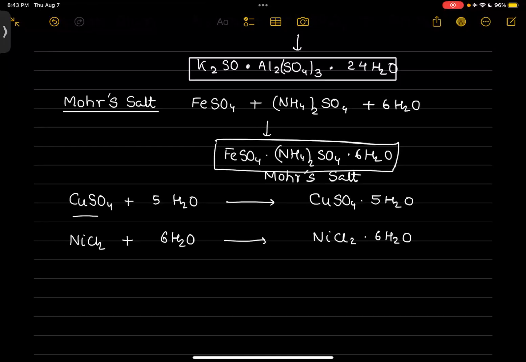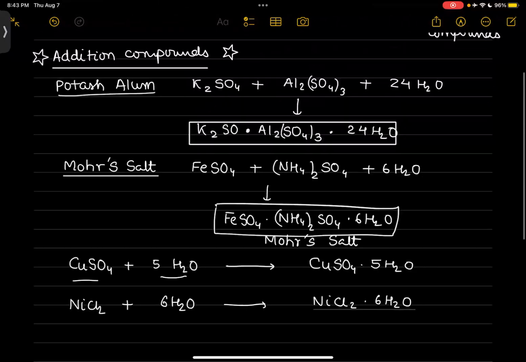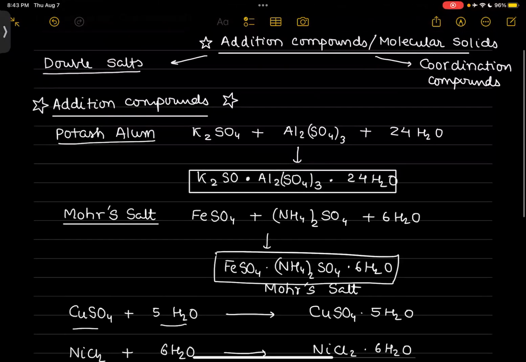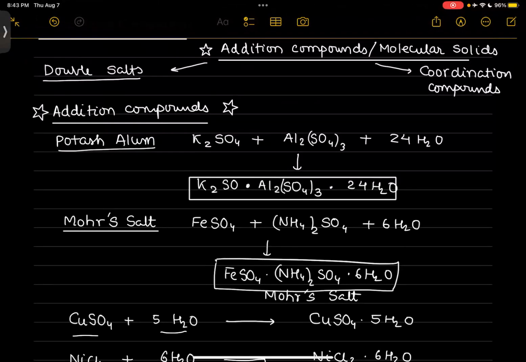So these are the two compounds, they are mixed together, and that's why they're addition compounds. Got it? And they are classified into two different categories: double salts and coordination compounds.